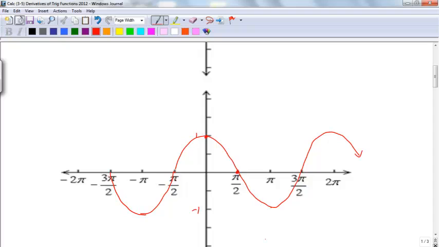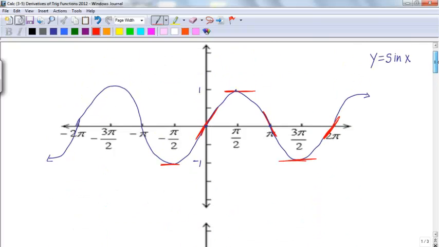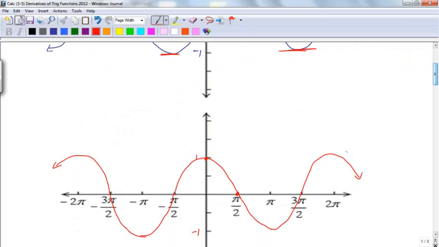And if you graph the slope of the tangent lines for y equals the sine of x, you actually end up with the cosine graph. This is the graph for cosine. So basically we're saying the derivative of sine is cosine.